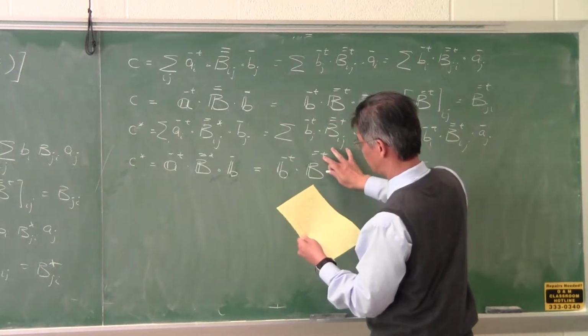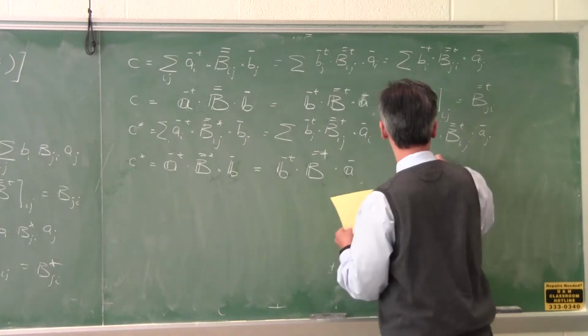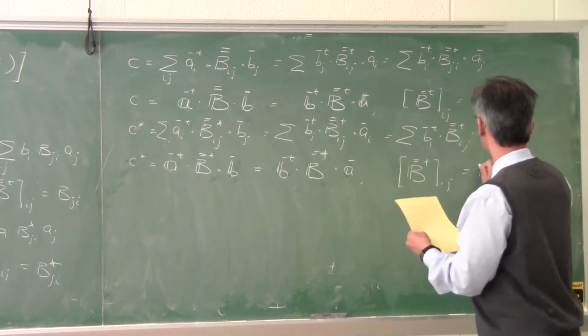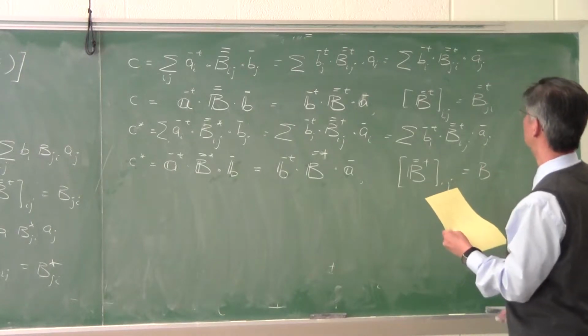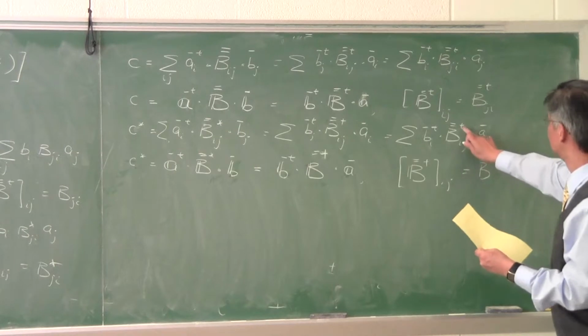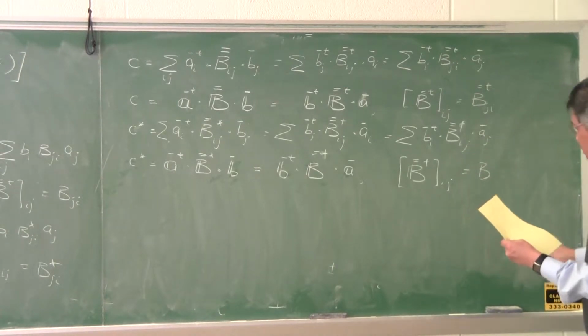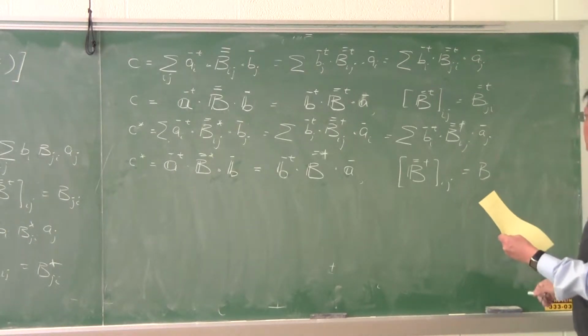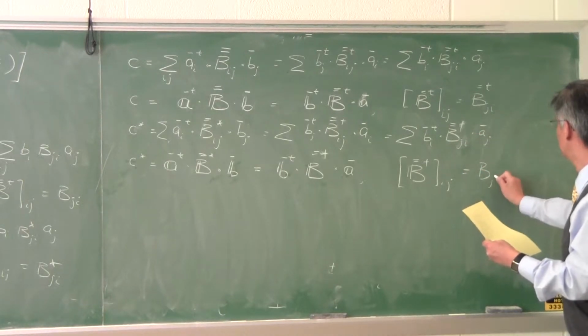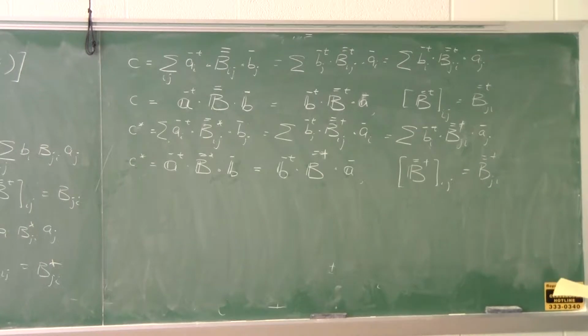Okay, and from this clearly you can see that if I have this super matrix, this should be conjugate transpose, sorry. And if it takes its ij element, it's equal to B_ji conjugate transpose. I think this should be ji. Okay?